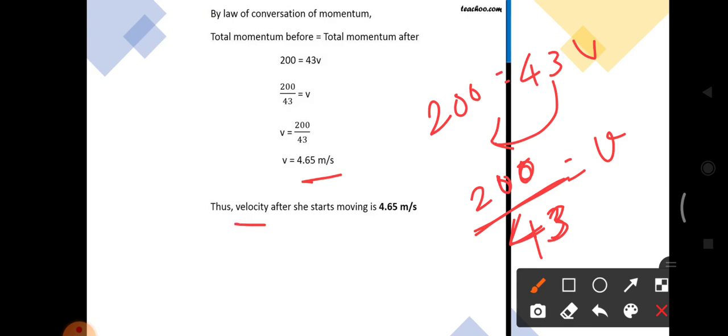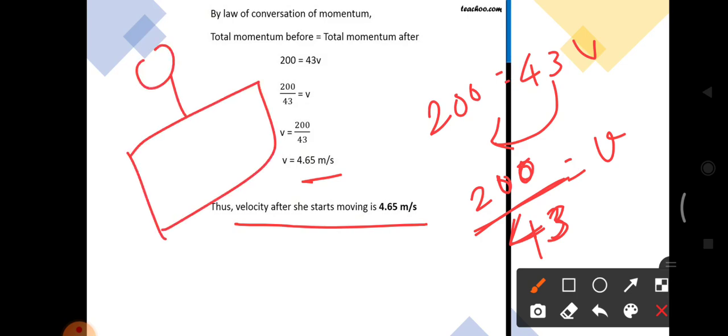So after she starts moving, when she is on the cart, she moves with a velocity of 4.65 meter per second.